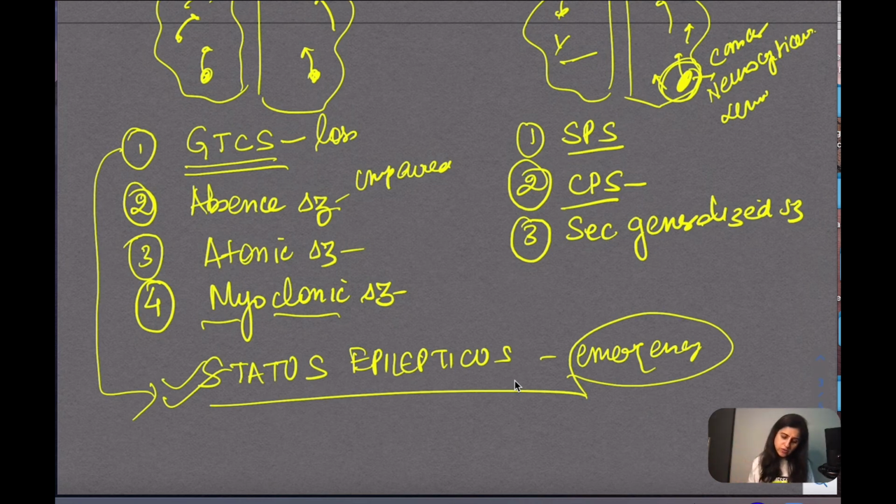So you have to give drugs by the parenteral route. For other epilepsies we can give drugs orally, but in an emergency, for status epilepticus, we cannot give the drug by oral route. Obviously the patient is not conscious, you can't give anything orally, you have to give things by the parenteral route.